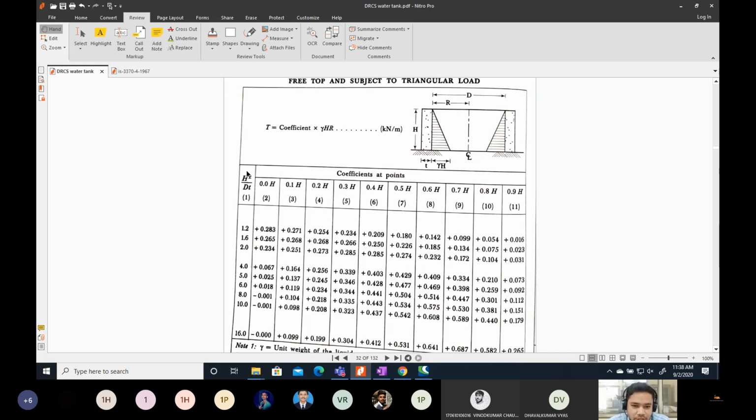So you can find this factor h square by dt for your data, and if it is in between, then you can also interpolate the value.